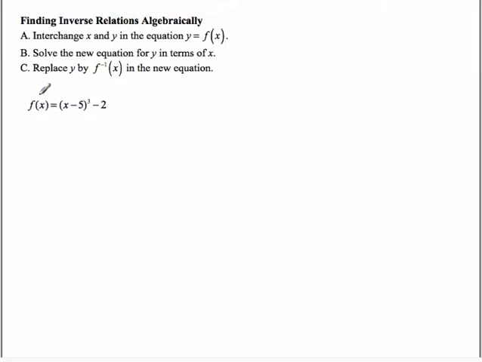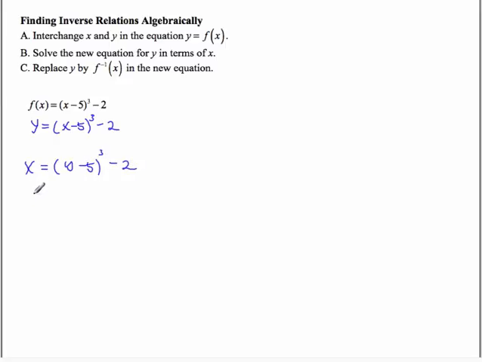So here, this is the same thing as y equals (x minus 5) cubed minus 2. So I'm going to exchange x and y: x equals (y minus 5) cubed minus 2. And then solve for this y now.